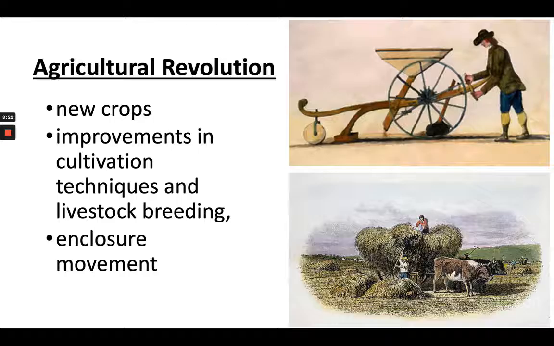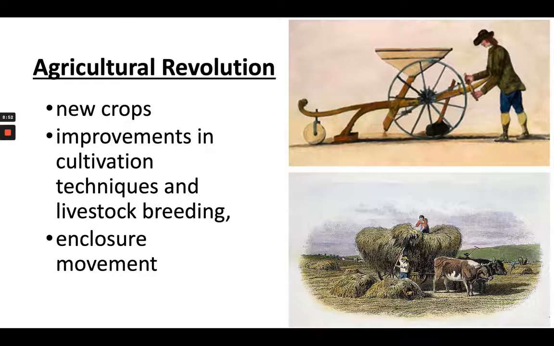Okay, so in the second agricultural revolution, you see new technologies being used. You are going to see new methods being used, whether it's in animal husbandry, so breeding, or in growing of crops. You are also going to see the introduction of new crops, and the way farms are organized will change as well.